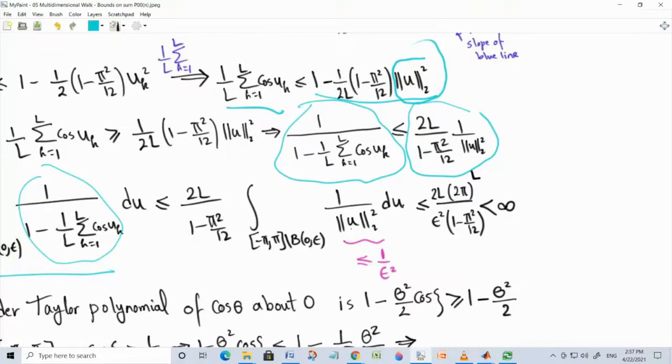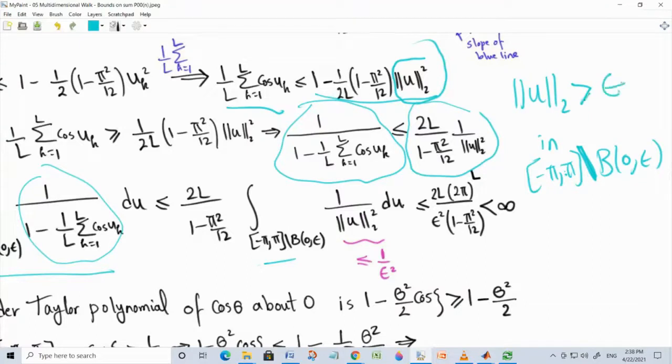No. Why not? Because in the L-dimensional space, we removed the part around the origin of radius epsilon. So the magnitude of u, in the region from minus pi to pi excluding the ball of radius epsilon, is greater than epsilon.